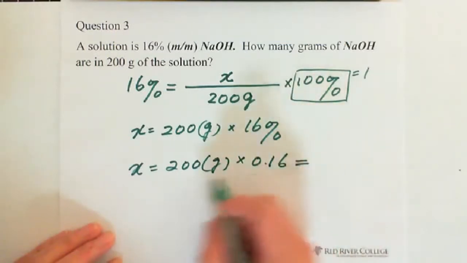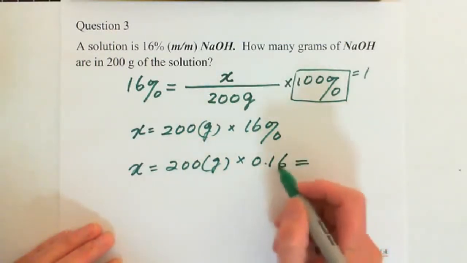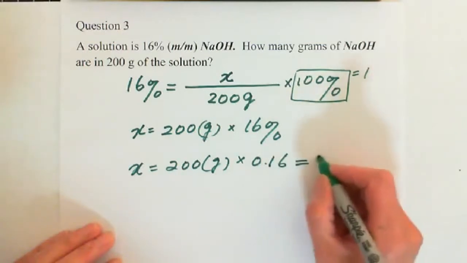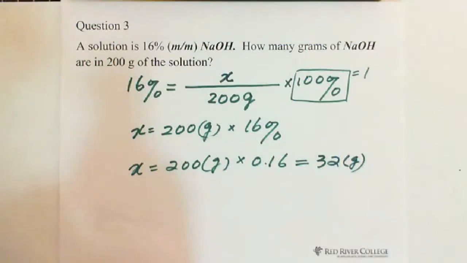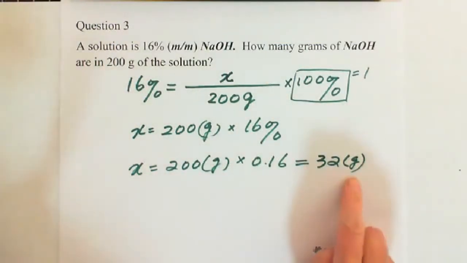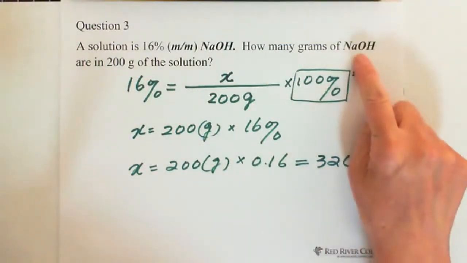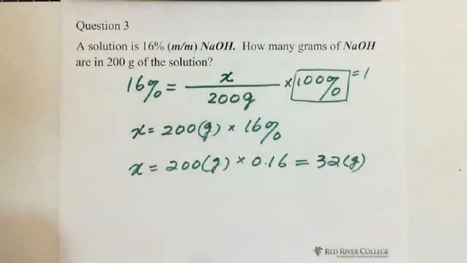We got 20, move 2 decimals, and we get 32 grams. So there are 32 grams of sodium hydroxide in 200 grams of solution.